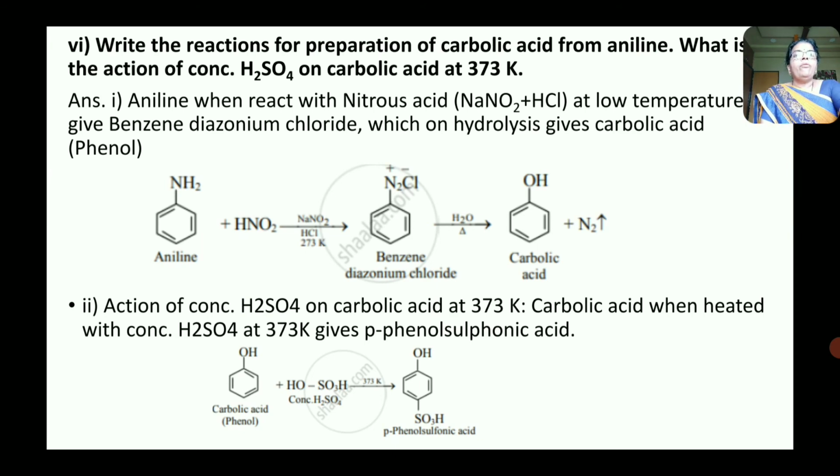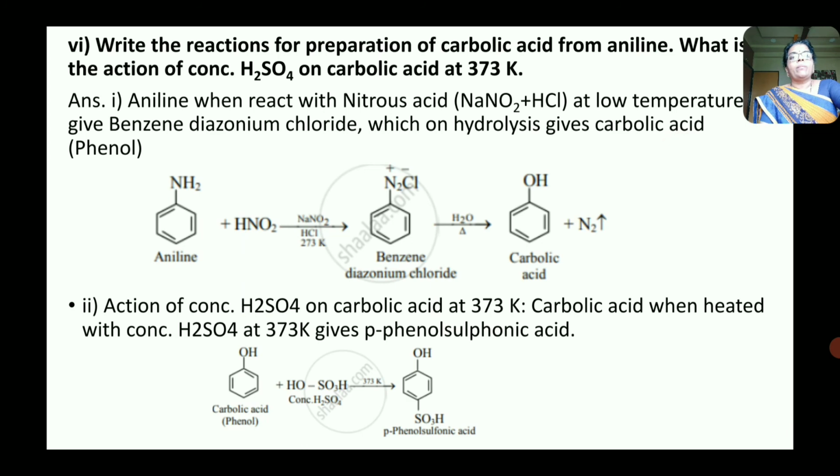Now here when aniline reacts with nitrous acid, now nitrous acid is obtained at the time of reaction between sodium nitrite and concentrated HCl at low temperature. This reaction is carried out at lower temperature, that is 0 degrees Celsius to 5 degrees Celsius.